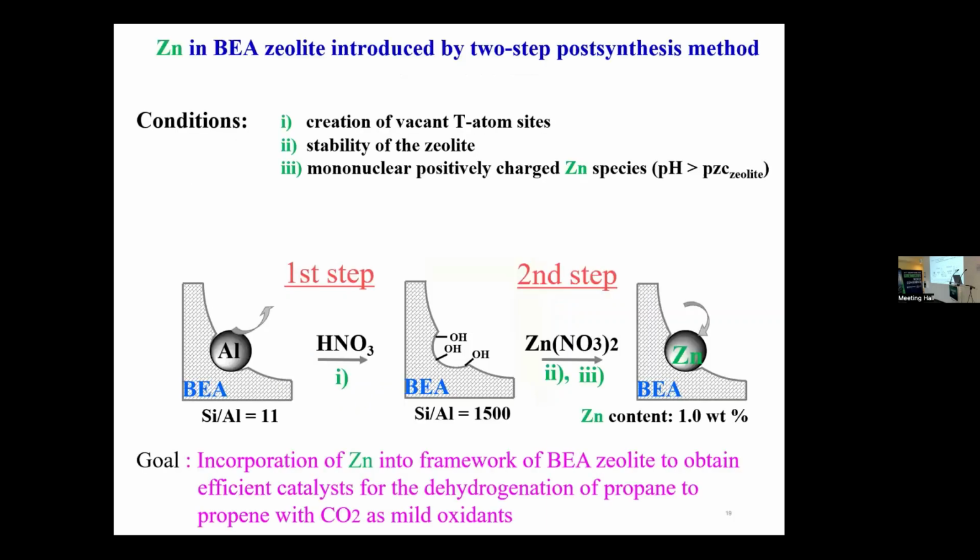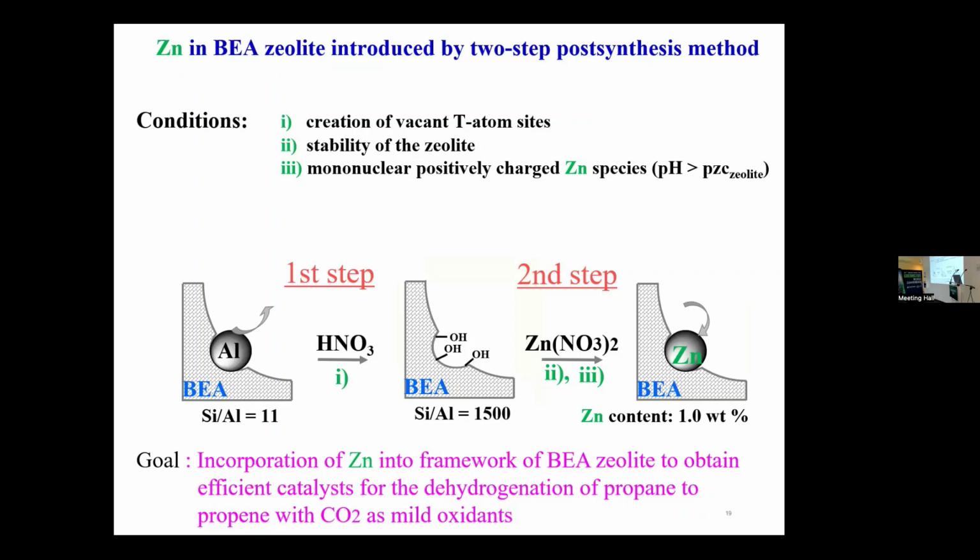So now I would like to show you another application with zinc, prepared by a similar two-step post-synthesis method. In this case, we also create vacancy sites by nitric acid treatment with removal of aluminum in the first step.